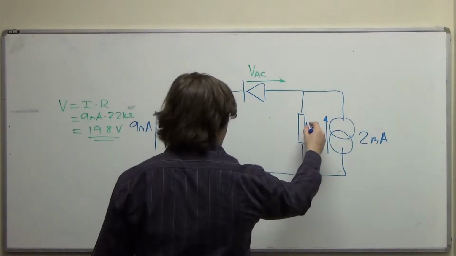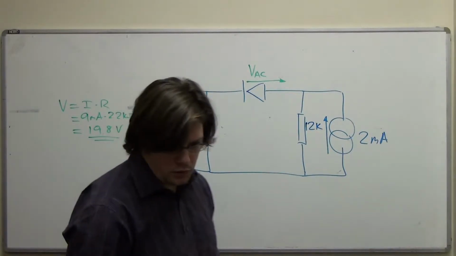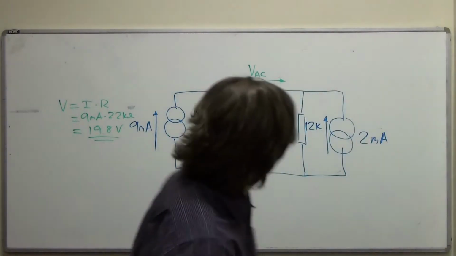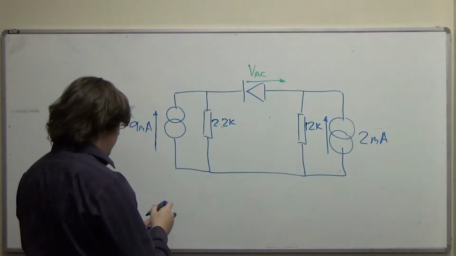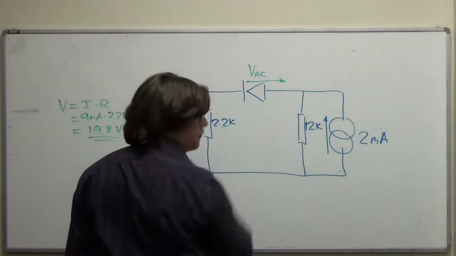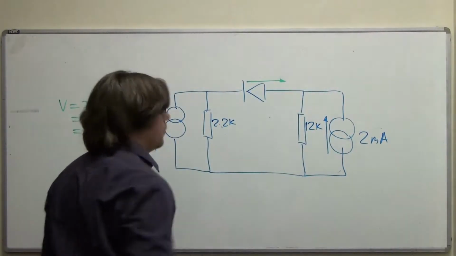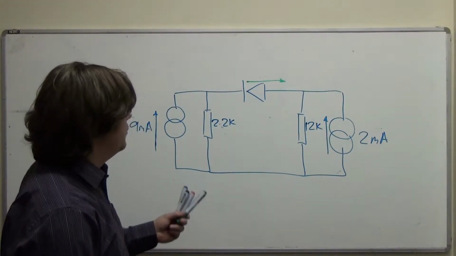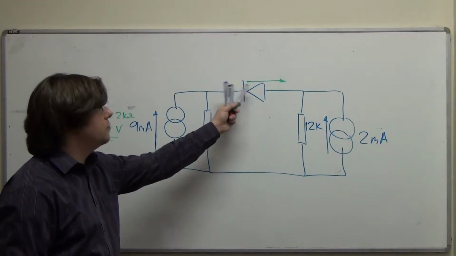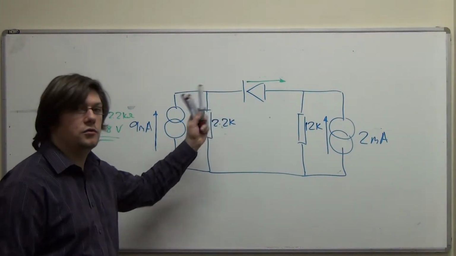And that was 12k, and this was 2.2k. And we now know that this is, now, it depends how you feel about this. You can either write 0.7 in there and just remember that it's a voltage source.